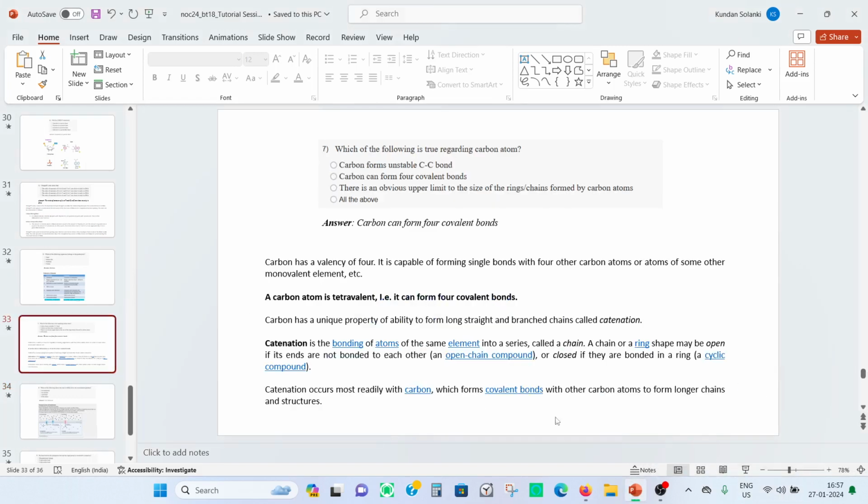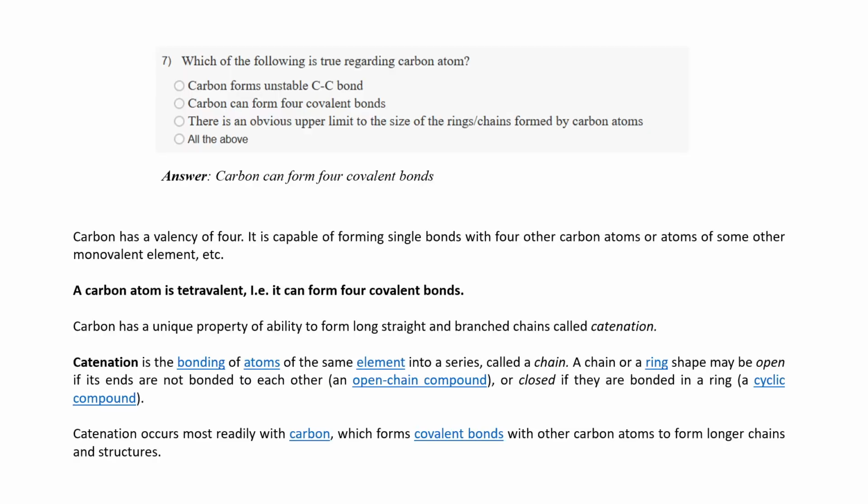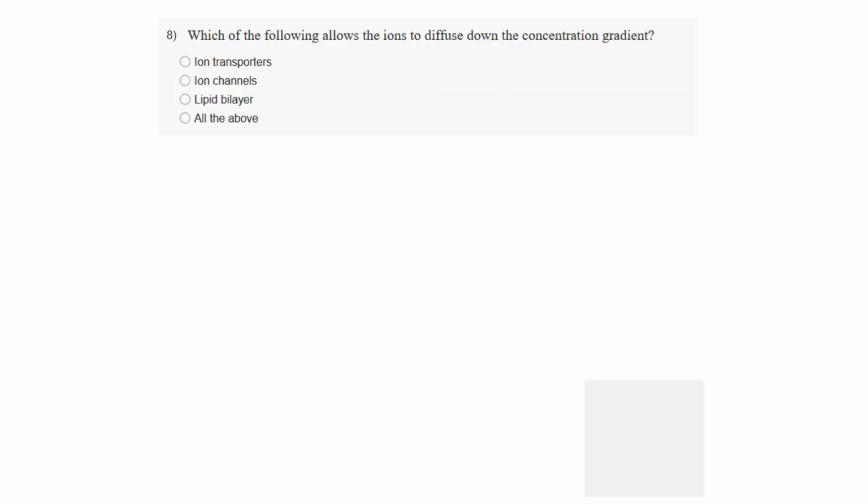No, first you answer it, and then we will discuss what down means. Yeah, so basically down means along the concentration gradient, not against. Sir, it is option B, ion channels.